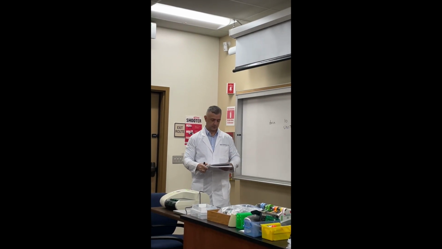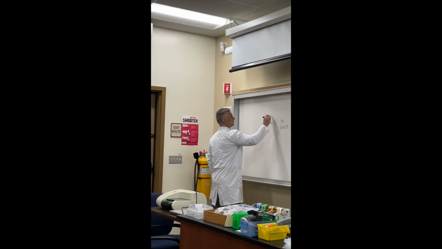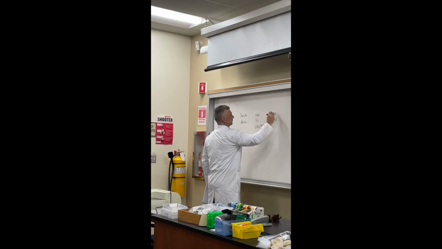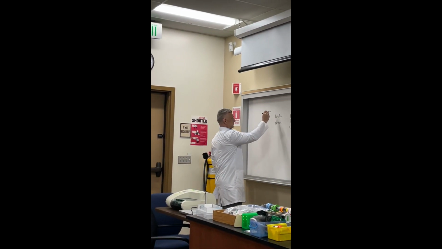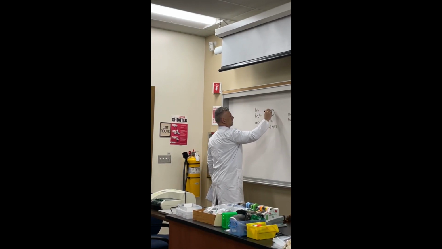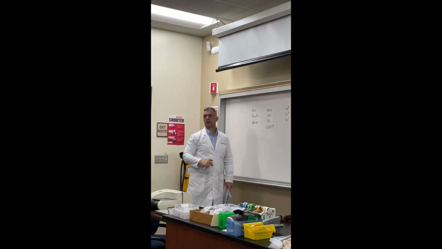If you've got 100, the prefix is hecto. If you've got 1,000, the prefix is kilo. And see what's happening?